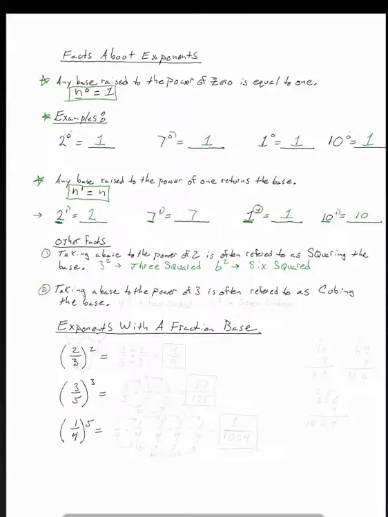Also, taking a base to the power of 3 is referred to as cubing the base. So if I have 4 to the power of 3, I would say 4 cubed. And if I had, say, 7 to the power of 3, I would say 7 cubed.